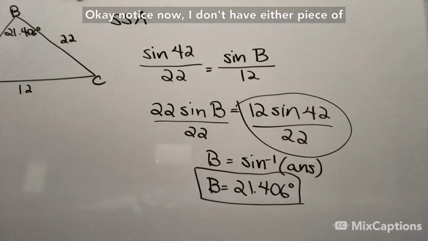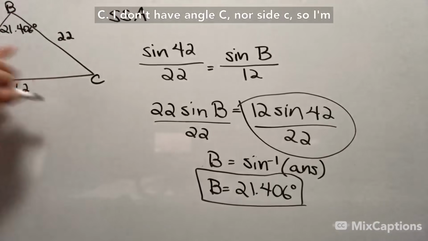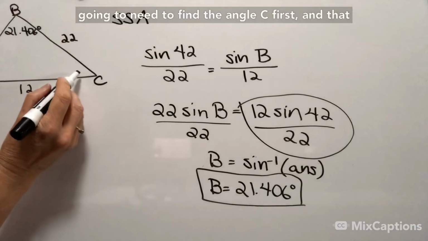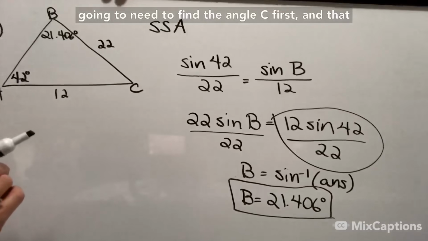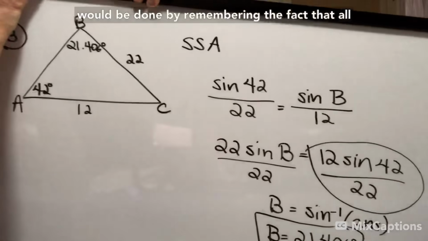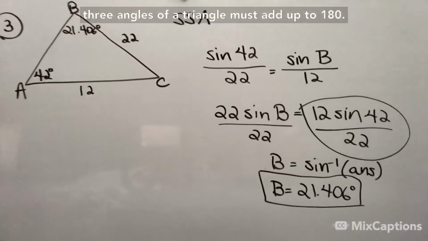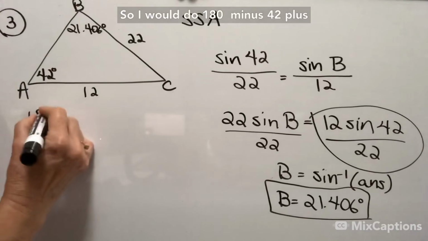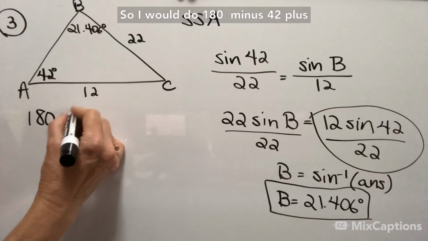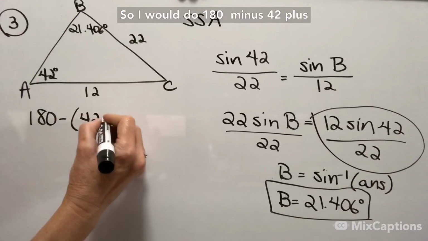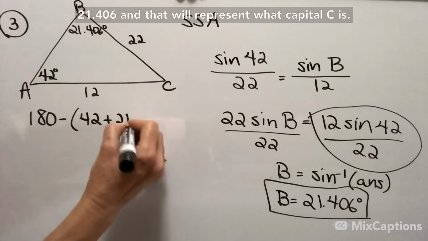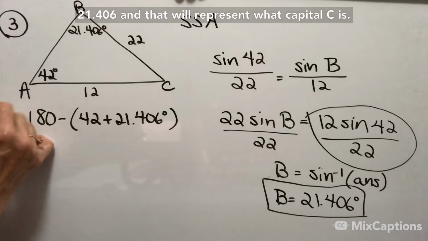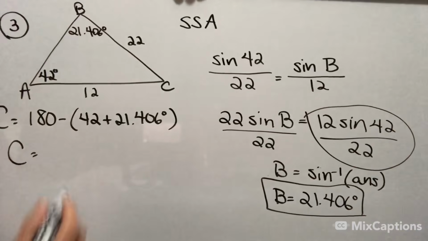Okay, notice now I don't have either piece of C. I don't have angle C nor side C. So I'm going to need to find the angle C first, and that would be done by remembering the fact that all three angles of a triangle must add up to 180. So I would do 180 minus 42 plus 21.406, and that will represent what capital C is.